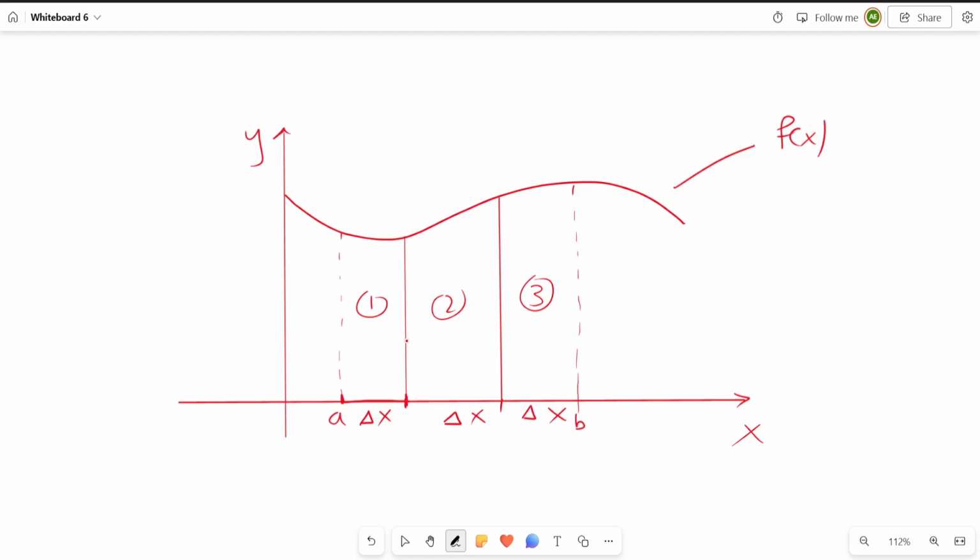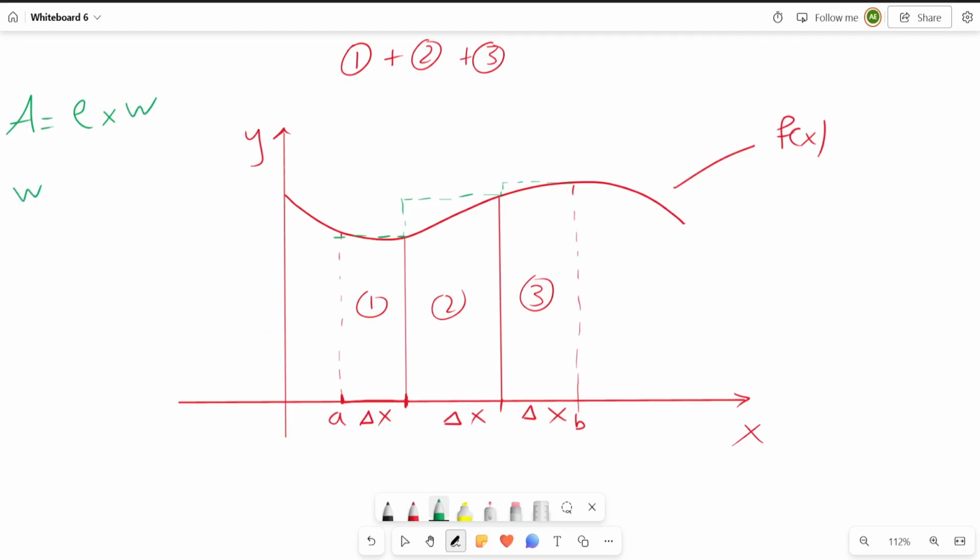So the area from a to b is going to be the area of rectangle 1 plus the area of rectangle 2 plus the area of rectangle 3. Rectangle 1 is this rectangle over here, rectangle 2 is this one, and rectangle 3 is this one. A rectangle's area is basically length times width.